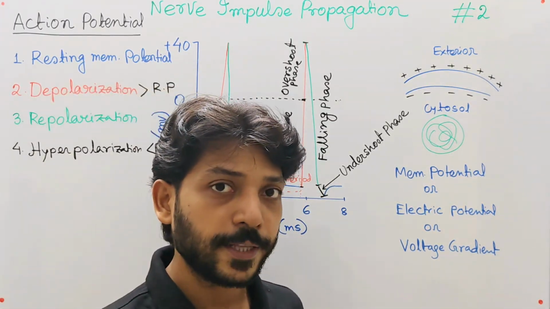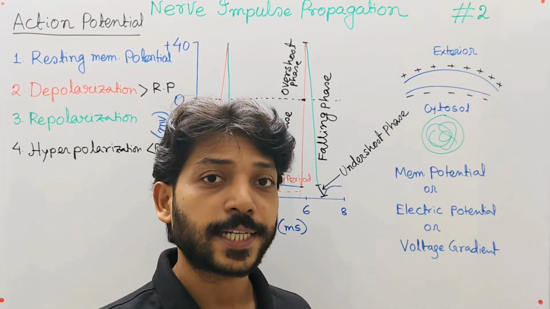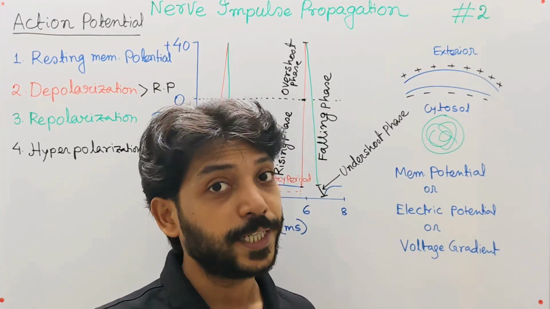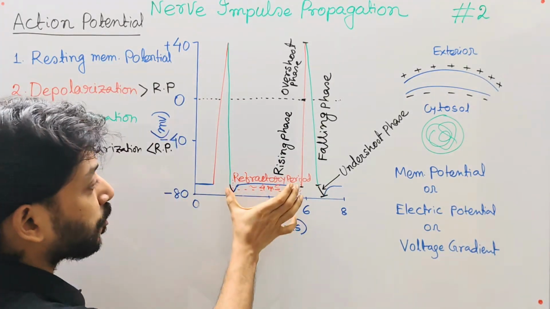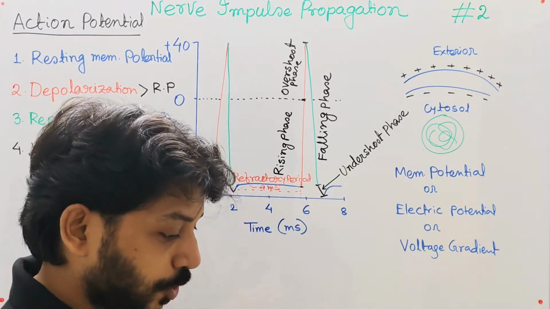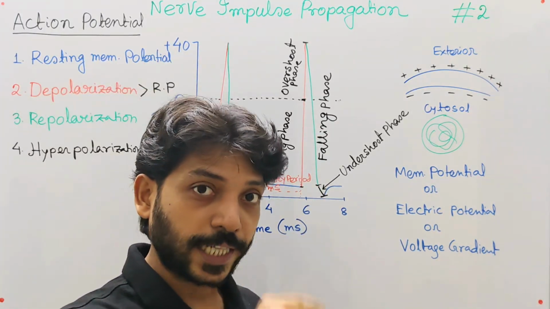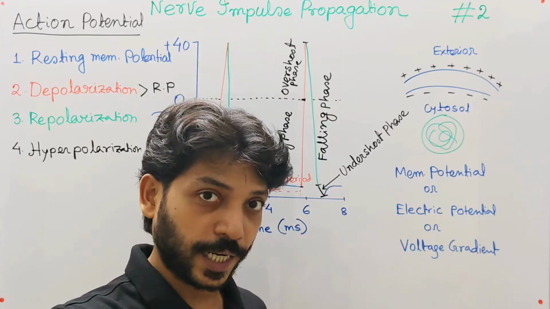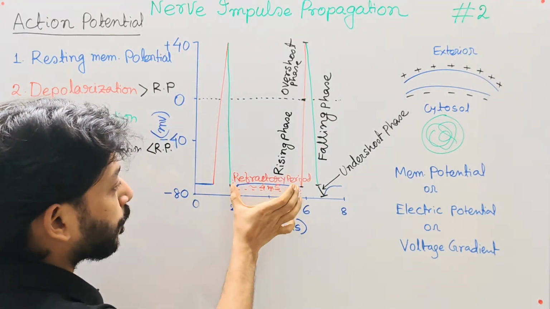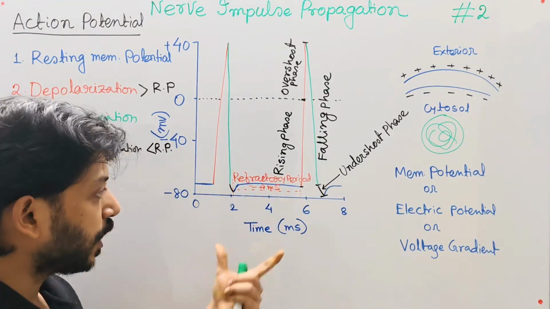But in the case of a mammalian myelinated neuron, it takes just less than 1 millisecond. But the refractory period is actually greater than the total action potential, the depolarization, repolarization and hyperpolarization. It takes about 4 milliseconds.